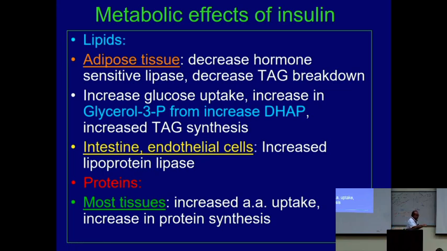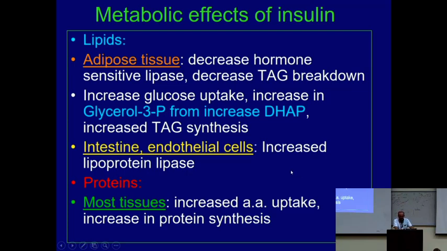It is part of the endothelium, so it hangs out attached to the endothelium wall, and the enzyme can access the lumen of the bloodstream and access chylomicrons and VLDL. So it chews on those to pick up fatty acids to be used or stored in the respective tissues. Okay, so this is an important effect of insulin.